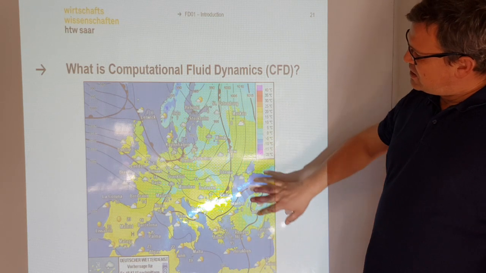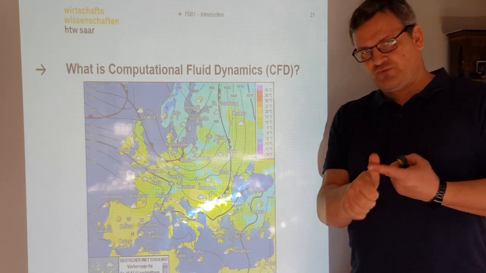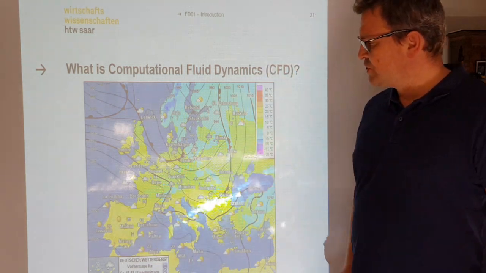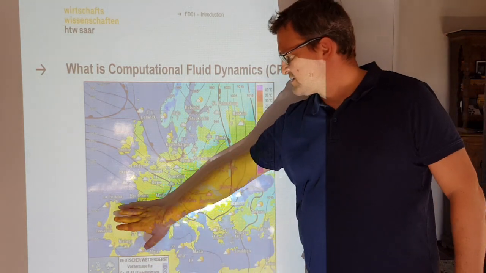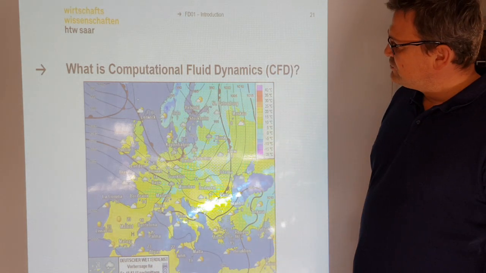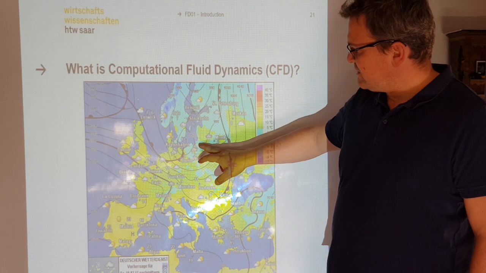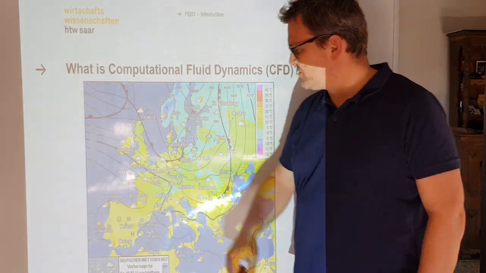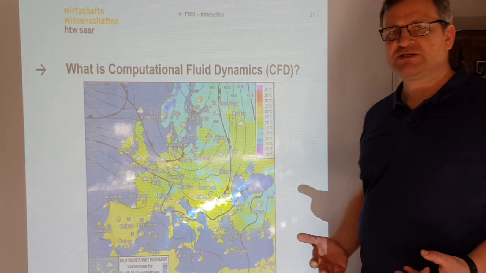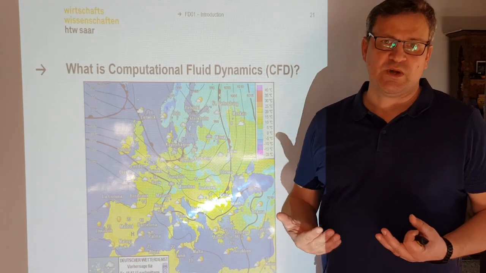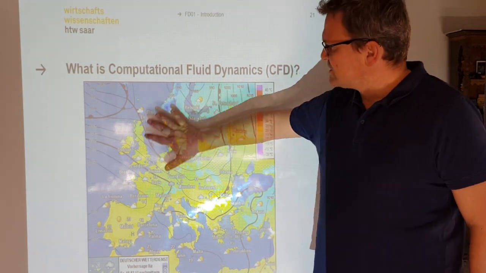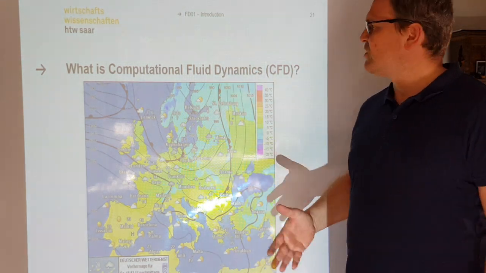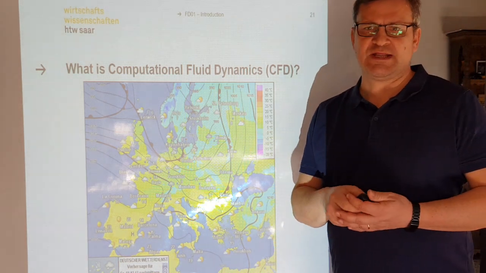What you see on this picture is first, of course, the temperature in these regions. You see if there is sun or rain, and you even see pressure fields. Deep pressure fields, and here you have high pressure fields. And you see velocity of the air, that is the wind. All these results are calculated for the next day or for the next week. And that's what computational fluid dynamics is about.